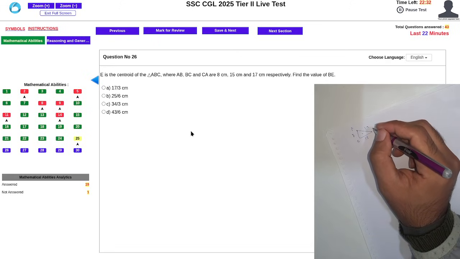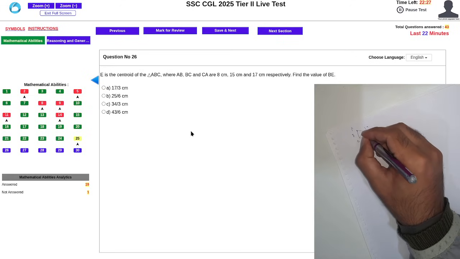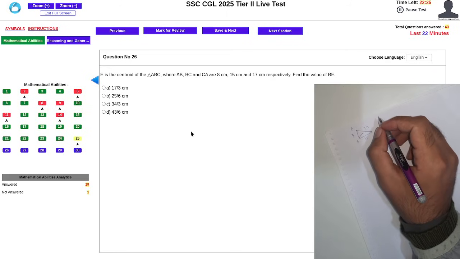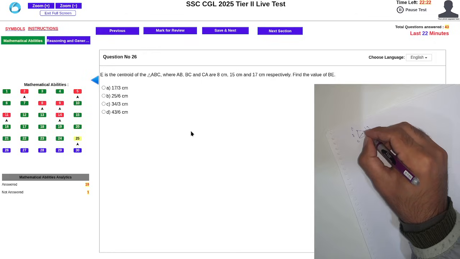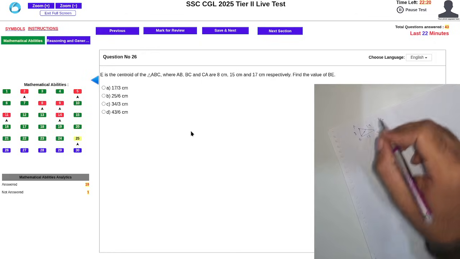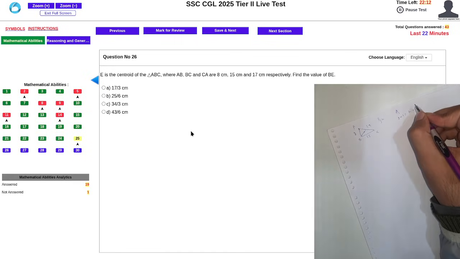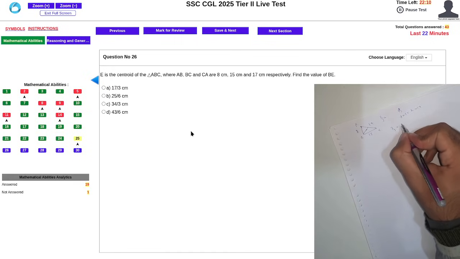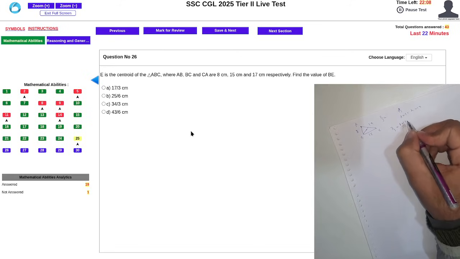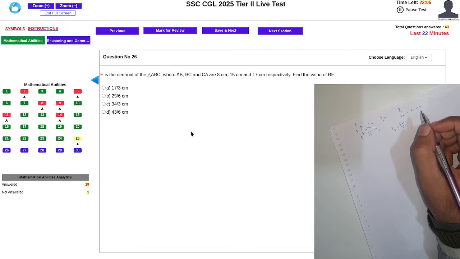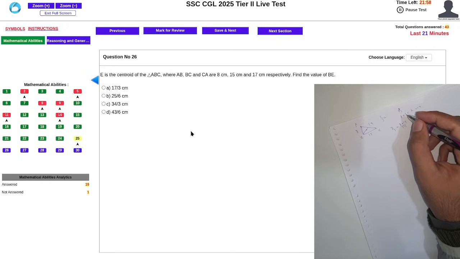Centroid and BE. 3 into height तो 8 बटे 15 का 8 into 15 is to height into 17. 3 into 17. 580 into 17.